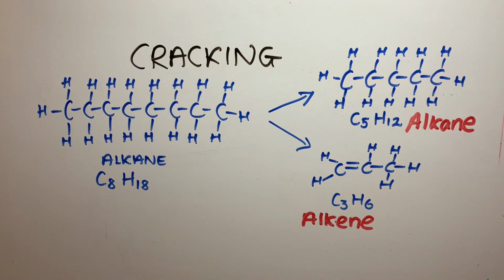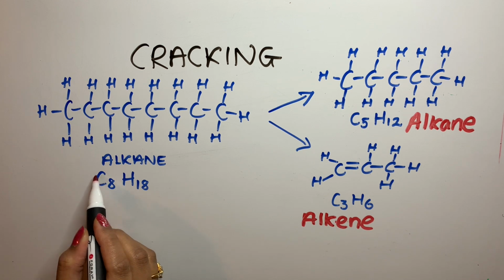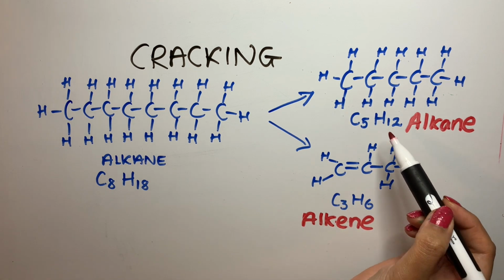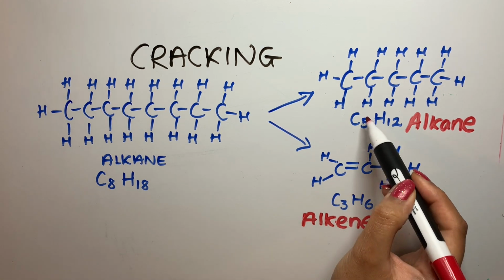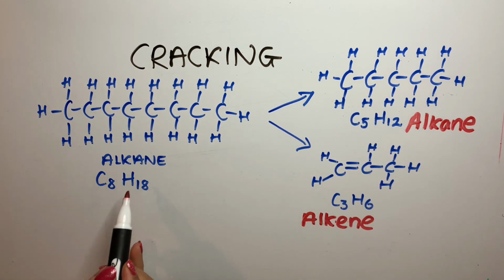Now, if we look at the products of cracking, first of all, for our alkane, we started off with 8 carbon atoms. And if we look at our products, we have 5 there and 3 there. So altogether, I still have my 8 carbon atoms that I started with. I started off with 18 hydrogen atoms.